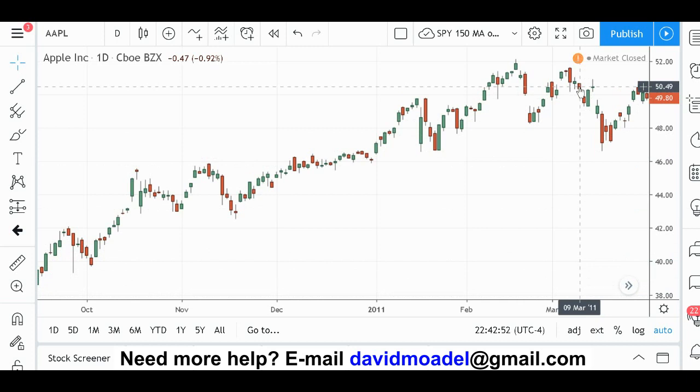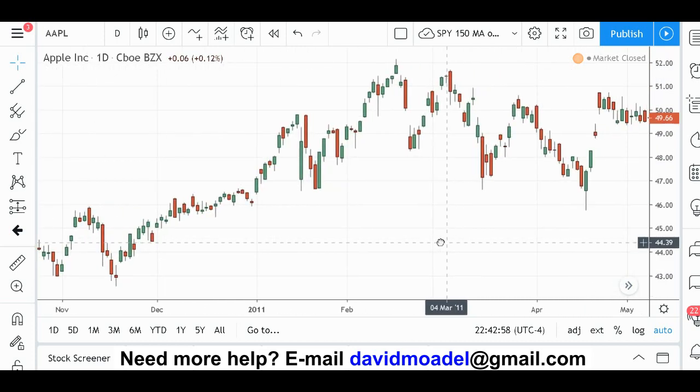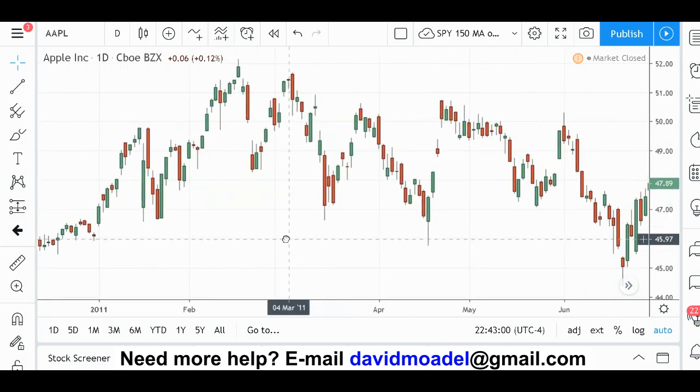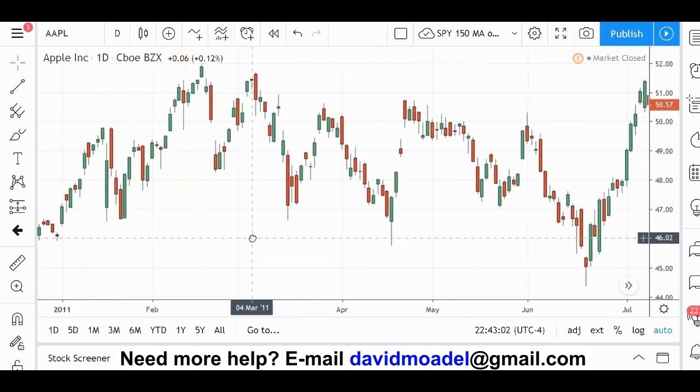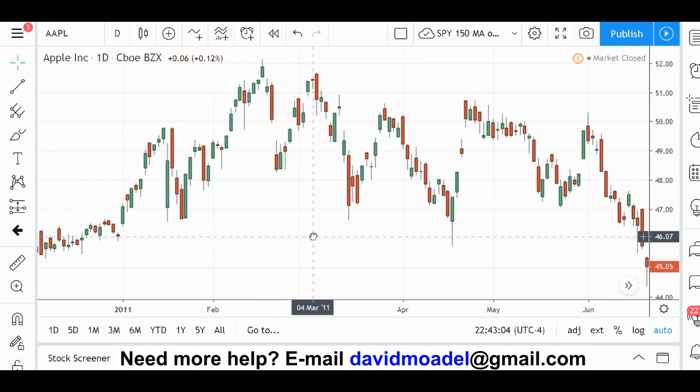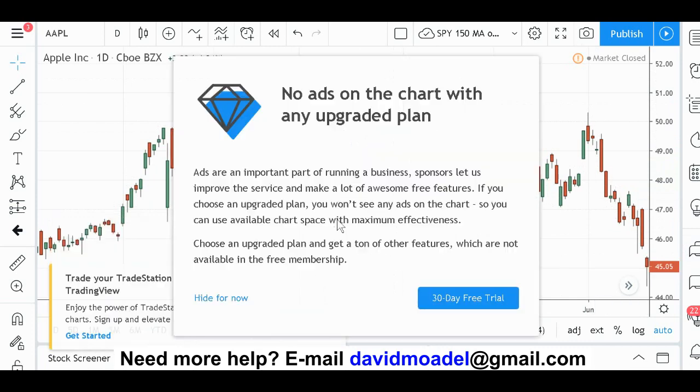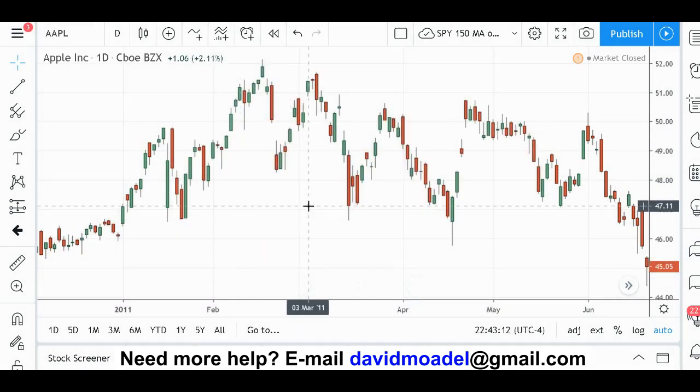And in this case with Apple, that would have been a great place to sell this lower high, okay, because let's take a look at what happened afterwards, and ouch, right, down, down, down, down, down. Now eventually it went back up, but you had a pretty sizable down move here from that lower high all the way down, okay. So it actually worked out pretty well here with Apple.